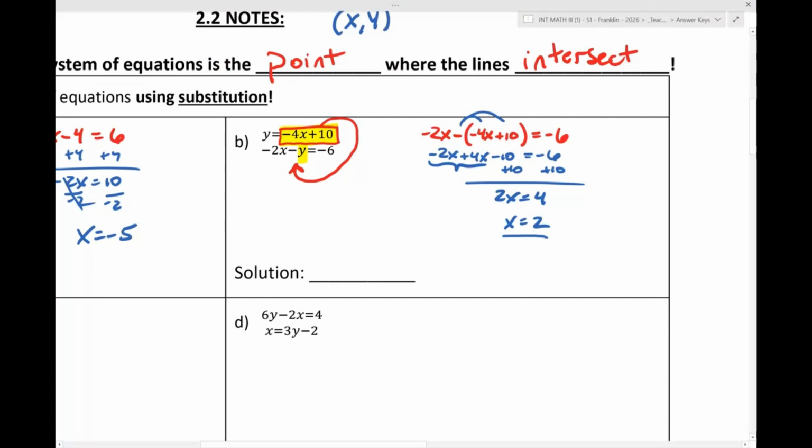So now we can take our value for x equals 2, and since we know that y equals negative 4x plus 10, we can substitute again and put 2 in for x, and now solve this one. So negative 4 times 2 is negative 8 plus 10, which is 2.